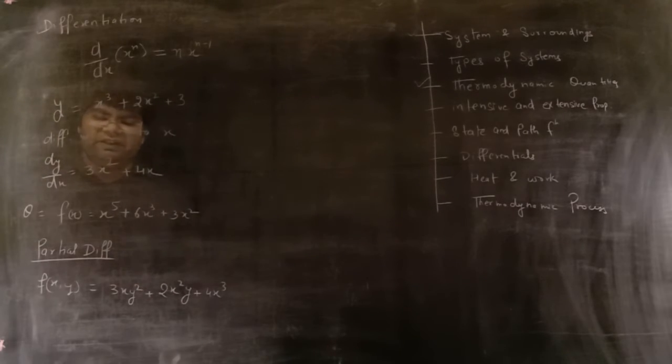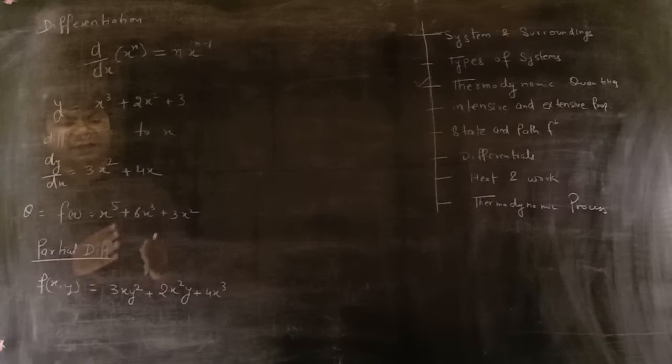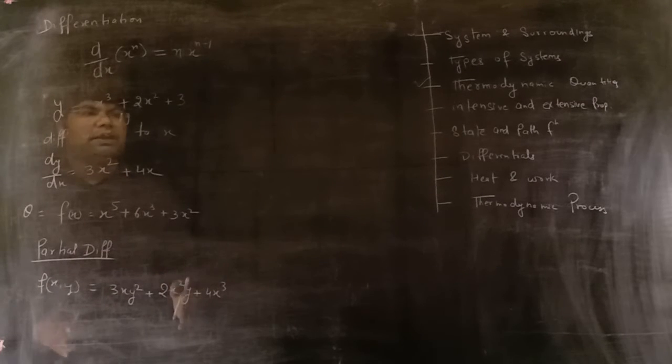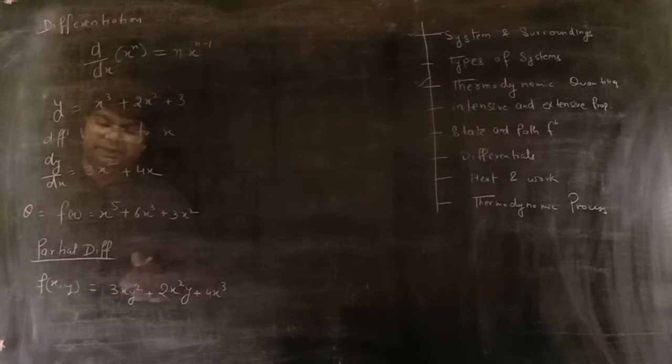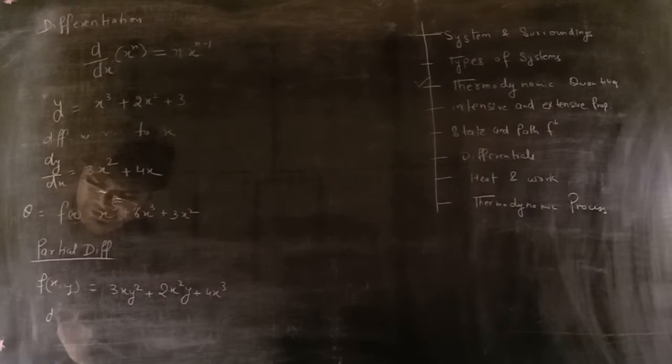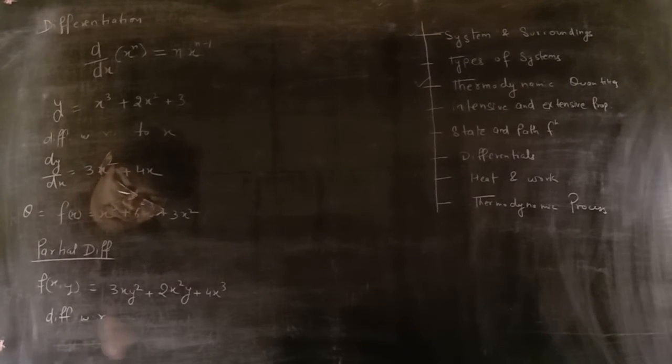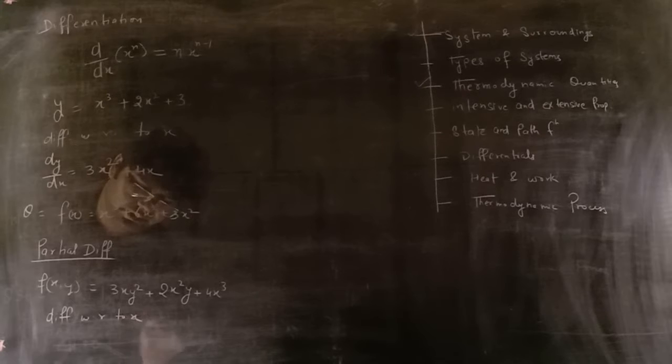In partial differentiation, first we will differentiate it with respect to x, then we will differentiate it with respect to y. So here you write differentiating with respect to x partially.